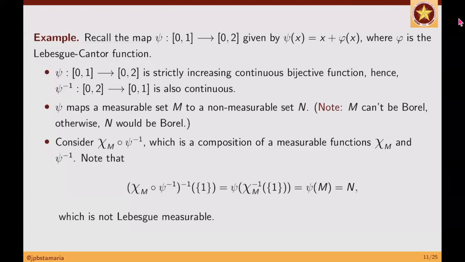So therefore, this function that we were able to construct is not Lebesgue measurable, even though the component functions are both Lebesgue measurable. So remember, pag may composition ka ng dalawang Lebesgue measurable function, hindi guaranteed ang pagiging measurable.